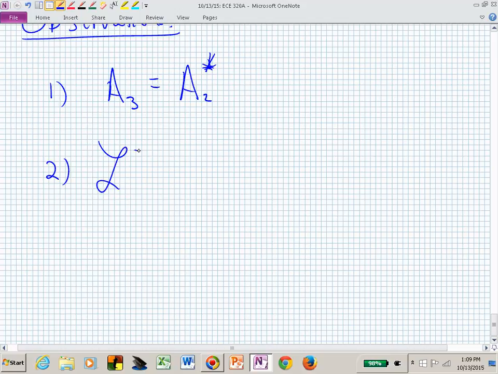And if you now are confronted with a sub 2 over s plus alpha minus j beta, did I put a sub 2 over the right factor? Where is that value of s located that causes that denominator factor to vanish?